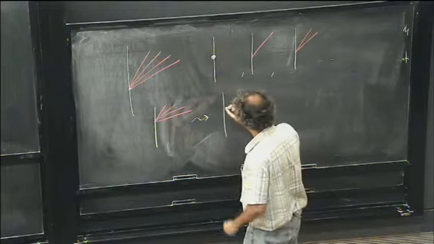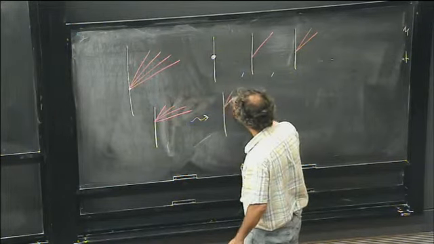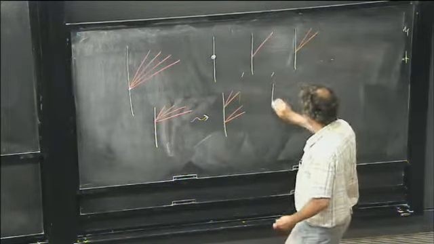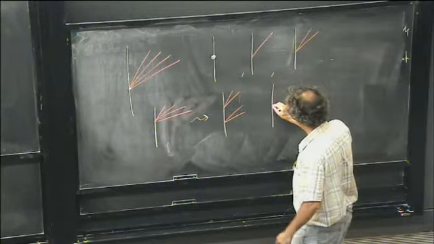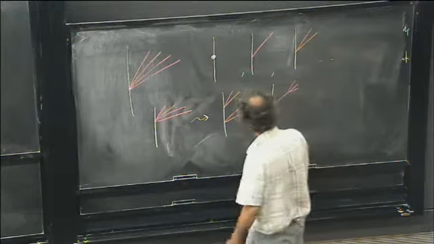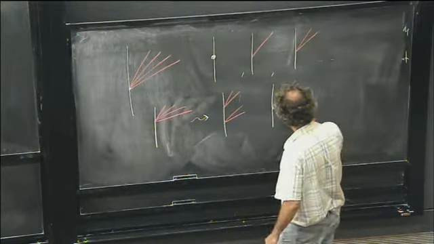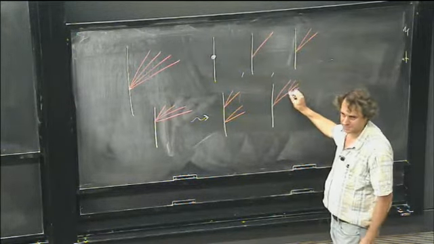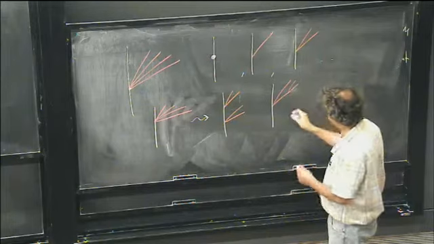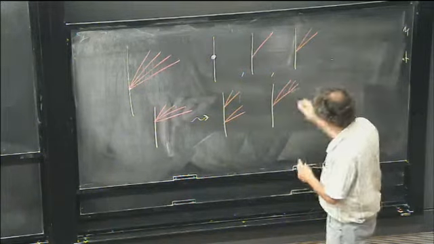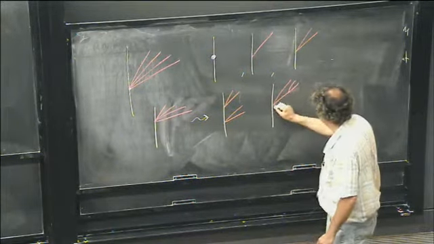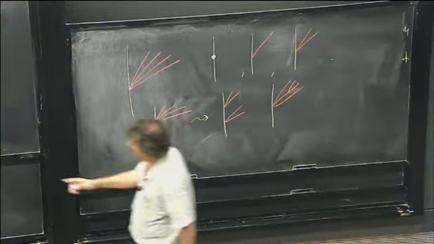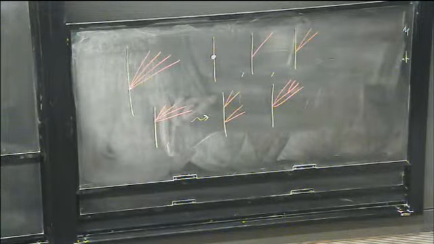Let me go back to the earlier example because it has some funny algebraic structure. Here I've got a single generator for this Heegaard diagram.